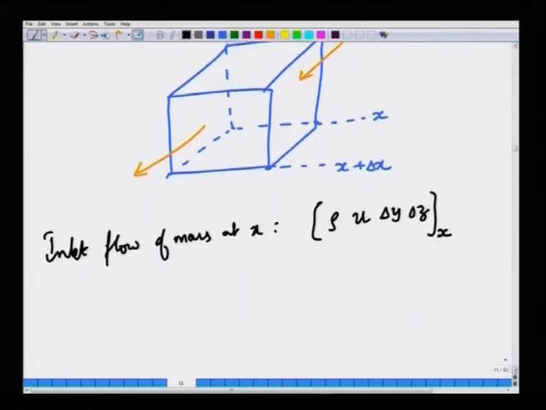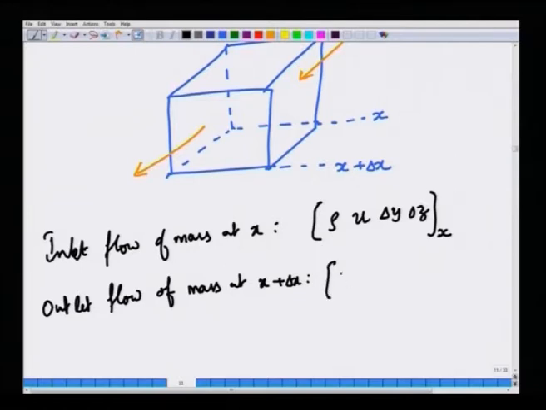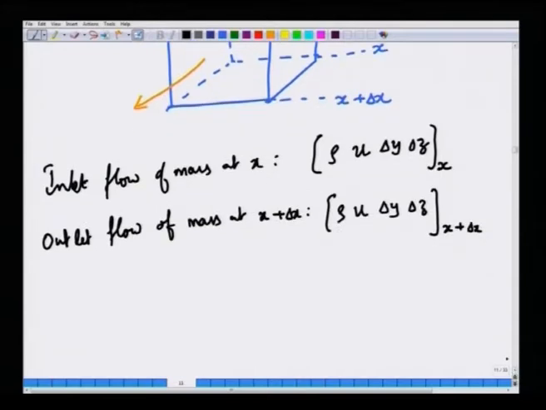Okay. So, outlet flow of mass at x plus delta x is rho u delta y delta z at x plus delta x. Now, a key thing comes that we have to evaluate a quantity at x plus delta x. So, we have to use what is called a Taylor series.